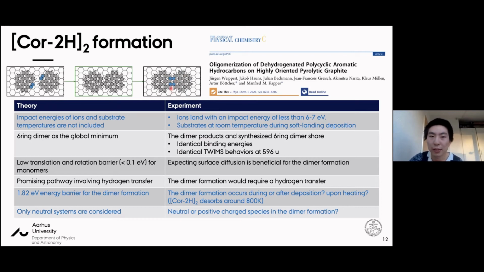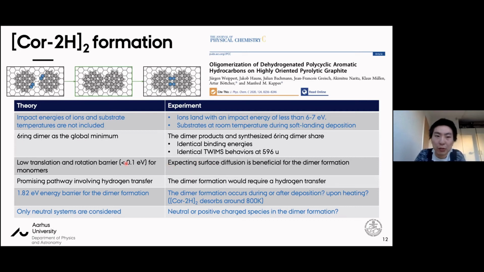They share identical binding energies and mass behaviors, and this agrees well with our global minimum. They also expect that the diffusion of the monomers is important in the dimer formation.